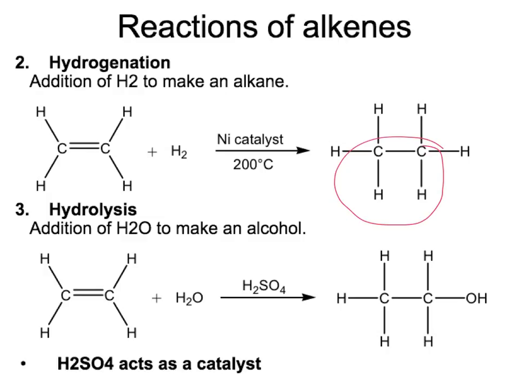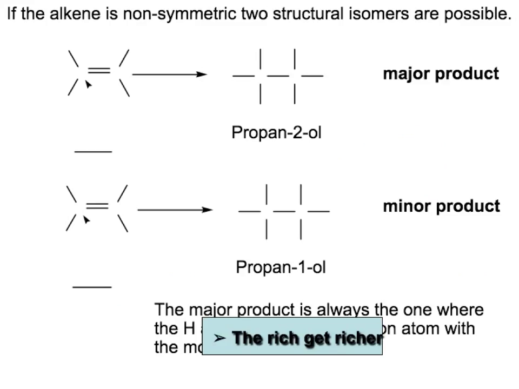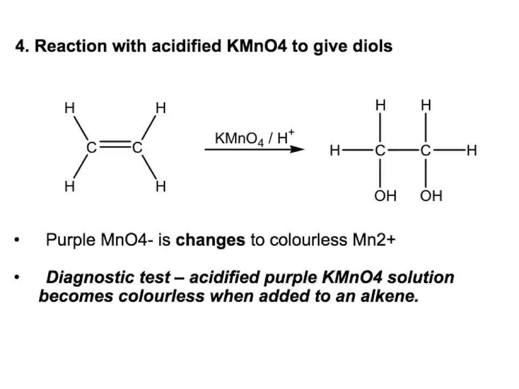So you can see that the OH is added onto one carbon and an H is added onto the other carbon in the double bond. That's also going to have the possibility of having a major and a minor product if, for example, we have propene as our molecule. Right, so same rule, the rich get richer with propene.